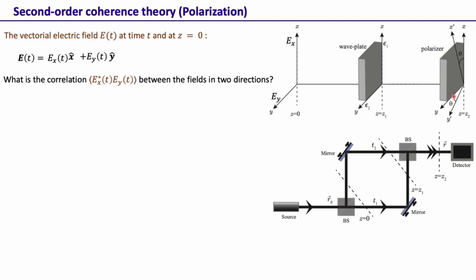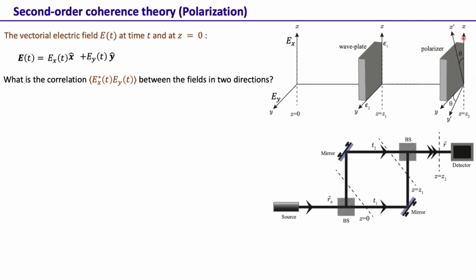Now an equivalent of this in polarization is that we put a polarizer. A polarizer is a device that lets the field pass through it only if it is oriented in a certain direction. For example, if the polarizer is in this direction, which is from this xy axis at some angle theta, which is what we are calling the x prime y prime axis, then a field polarized in the x prime direction will be able to pass through it.